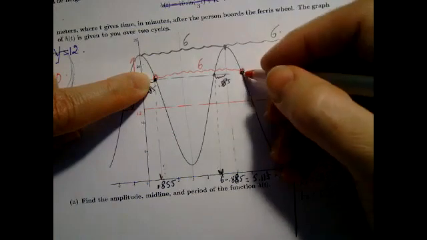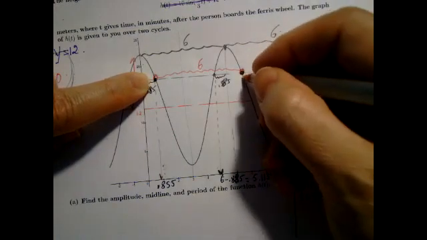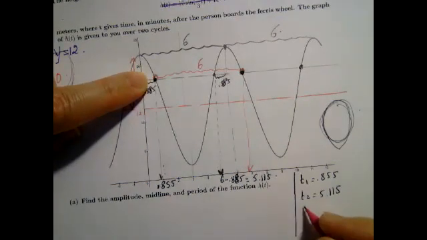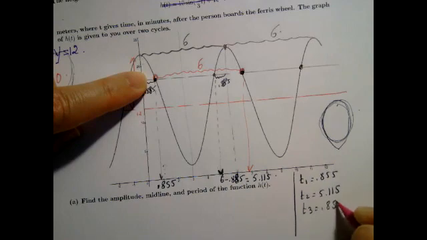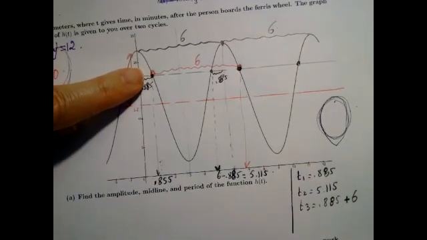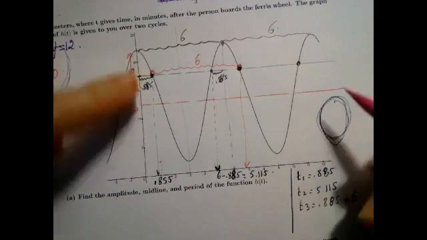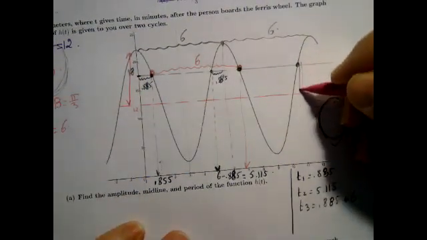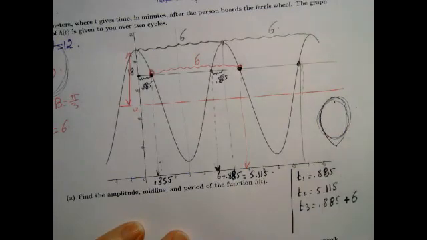So this value here, I'm going to call it T3. And it's going to be 0.885 plus 6. Plus 6, exactly. Now, this value here, what is this one going to be?